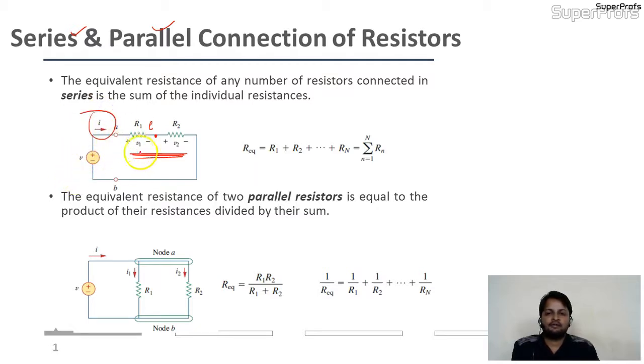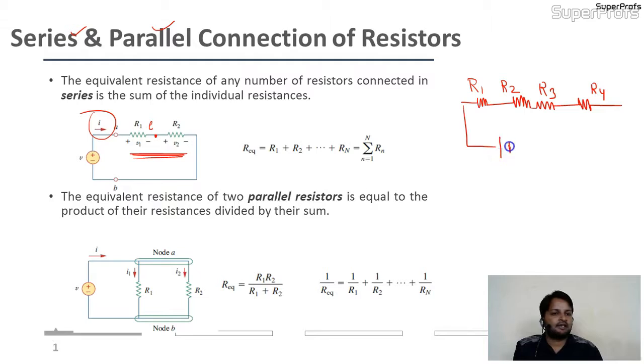The voltage will be divided into V1, V2, V3, because in the series circuit the voltage is the dividing factor, and in the parallel circuit the current is the dividing factor. So if I am having one series combination of some elements R1, R2, R3, R4, I am considering 4 elements, they are connected in series.